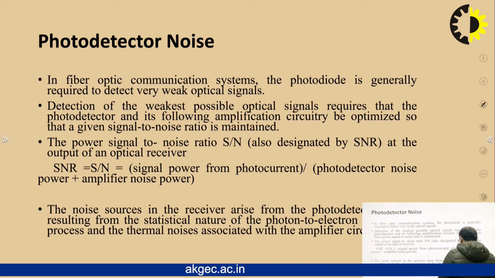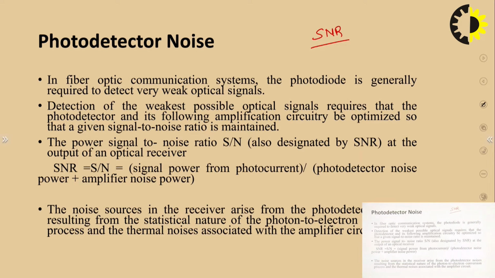If I say the term SNR is very important in communication. Okay? SNR is the signal to noise ratio. This signal to noise ratio should be very high in the communication sector, and then at the receiver section of the system.